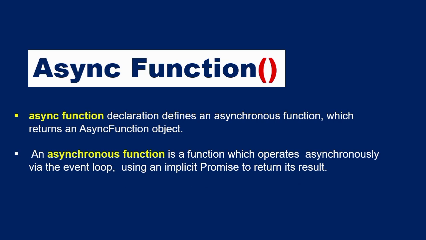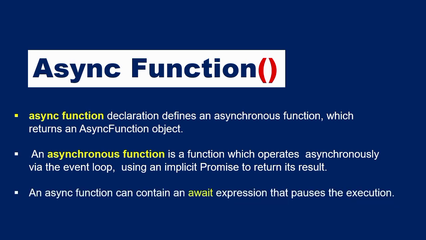The promise object basically is used to represent the eventual completion or failure of an asynchronous operation and its resulting value. Also, an async function can contain an await expression that can be used to pause an execution.